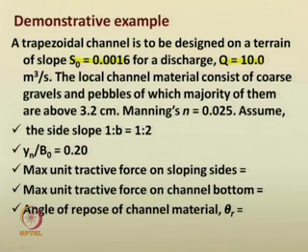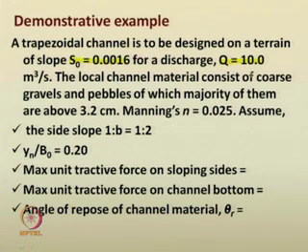If you design a channel and find that its capacity discharge is less than 10, then that is not effective, it does not meet the criteria. So, your requirement is 10 meter cube per second discharge.